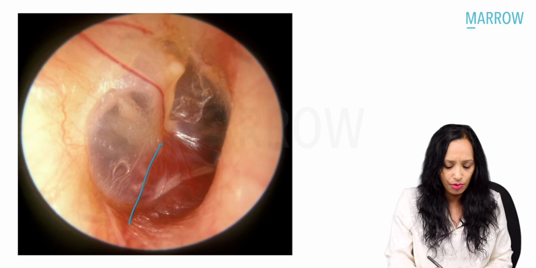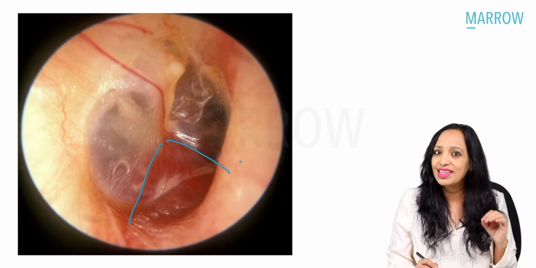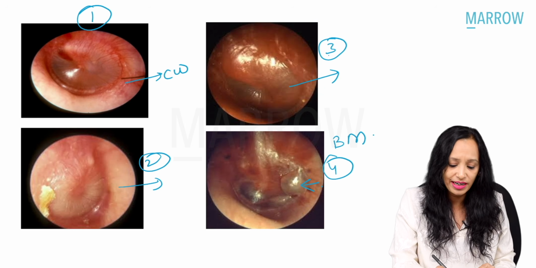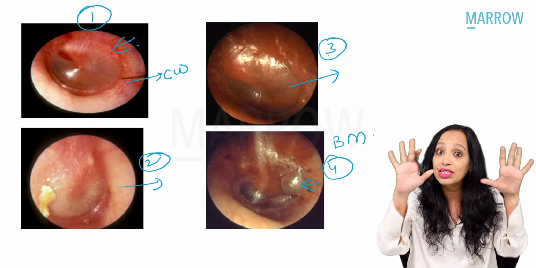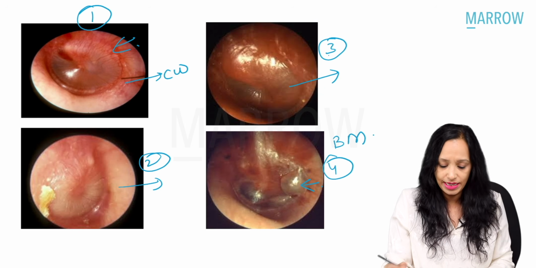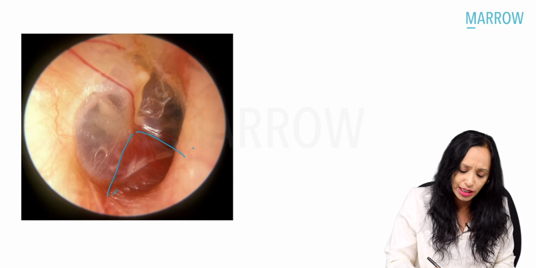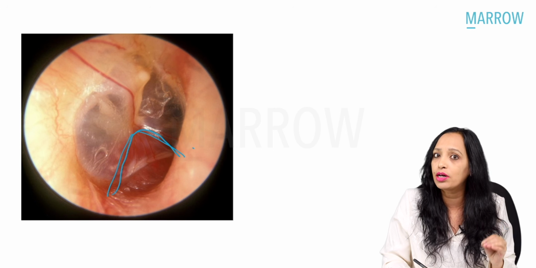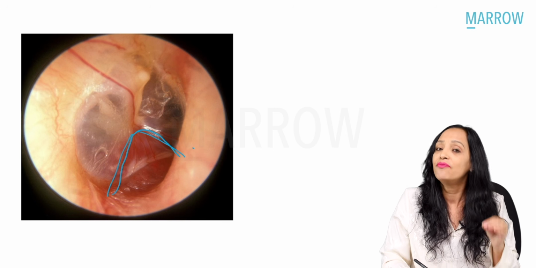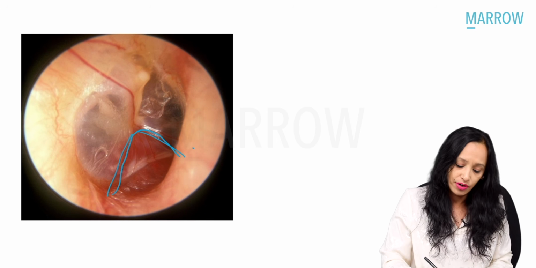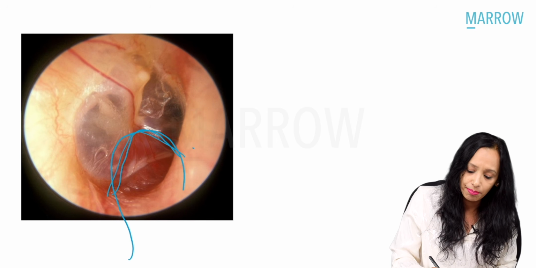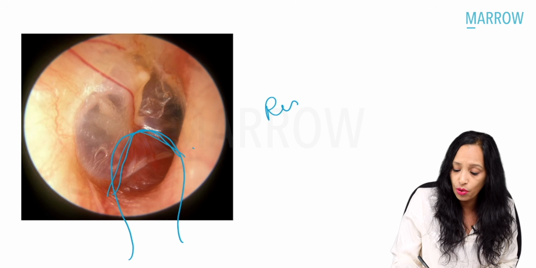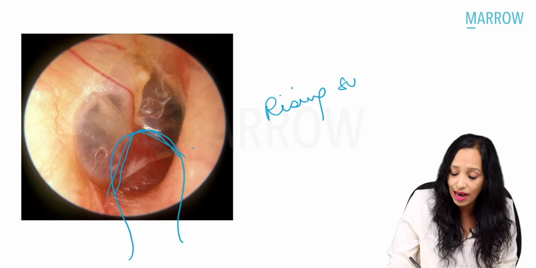Now see this picture, tell me, is this acute otitis media? We are seeing some red thing here. This red thing cannot be acute otitis media, which is a uniform red thing. Here we are seeing the red thing localized to the lower part, the hypotympanum. So this is the typical appearance of glomus jugulare, which is the red vascular tumor which comes from the floor into the middle ear, and this is what is known as the rising sun appearance.